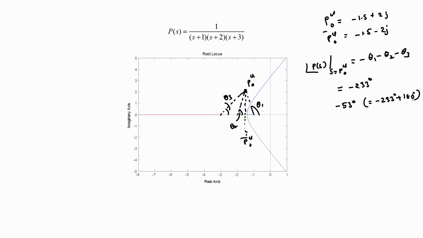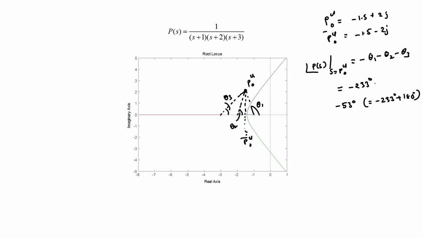That needs to be compensated. So, I need to add plus 53 degrees to this phase in order for the net phase of our open loop system at this point PCL naught to be equal to minus 180 degrees.